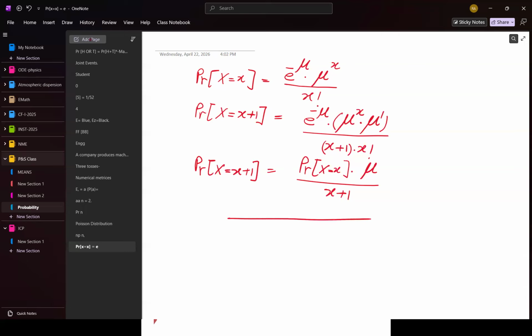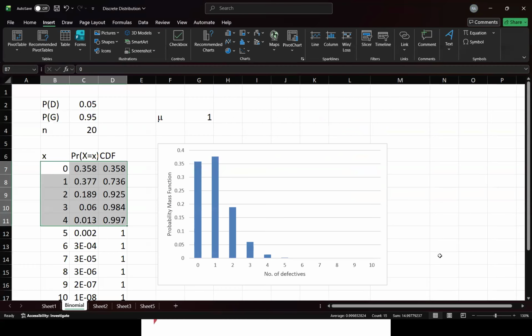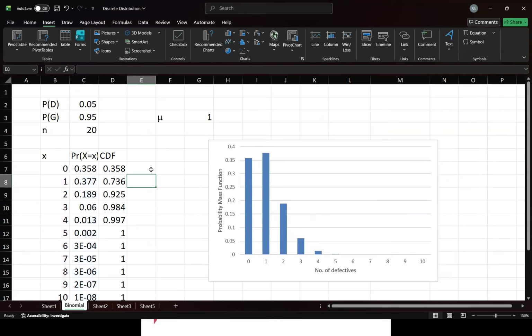So let me demonstrate that one over here. I move to the Microsoft Excel sheet. Earlier we have been doing all these calculations with the binomial expressions.